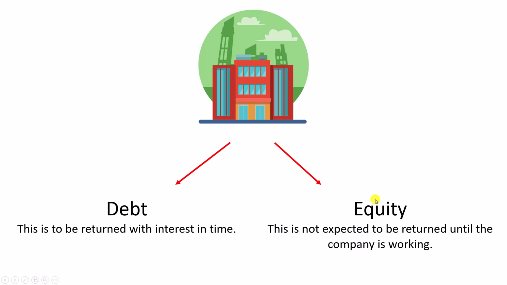Okay? After paying the things that it has to pay to others, the remaining would be paid to the shareholders. When is this done? When the company goes bankrupt or when the company closes down.